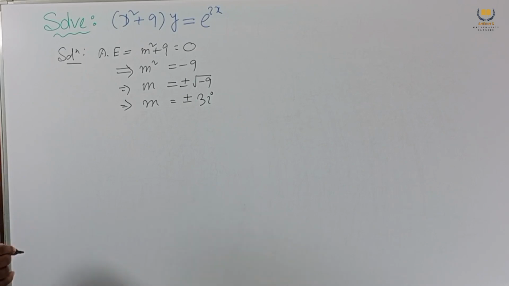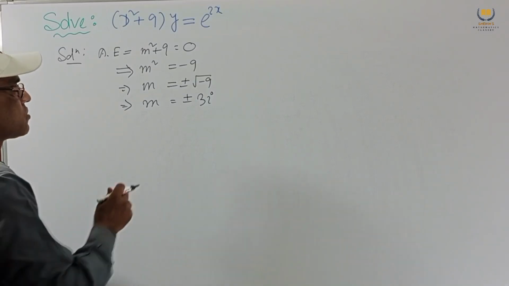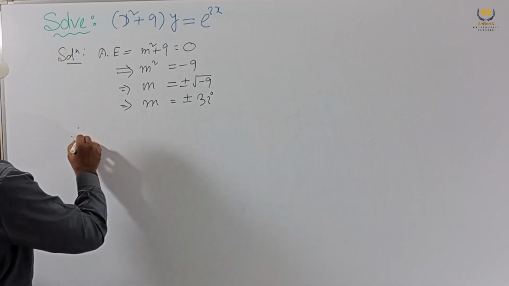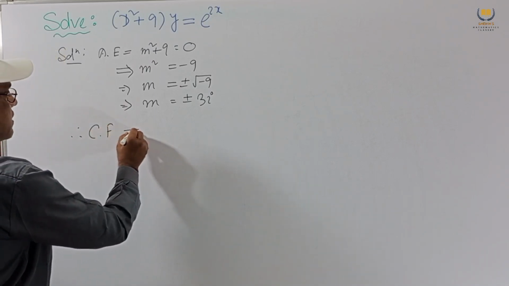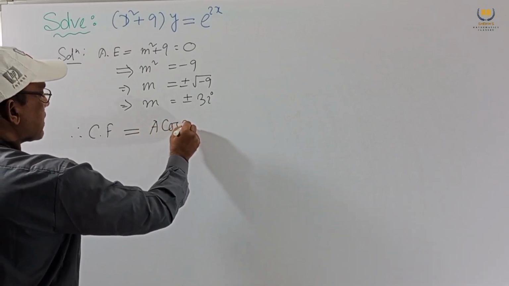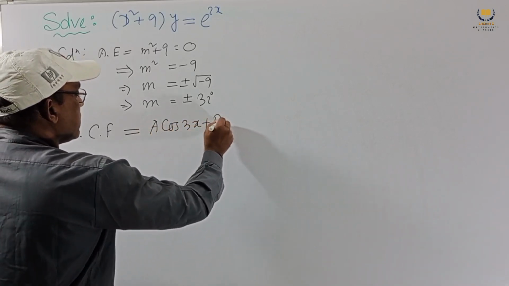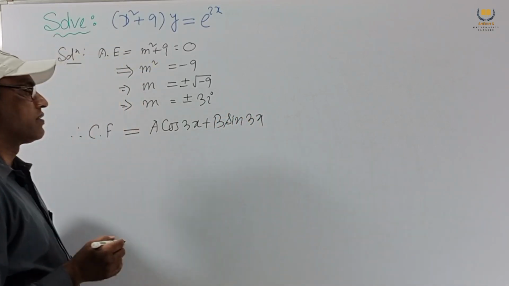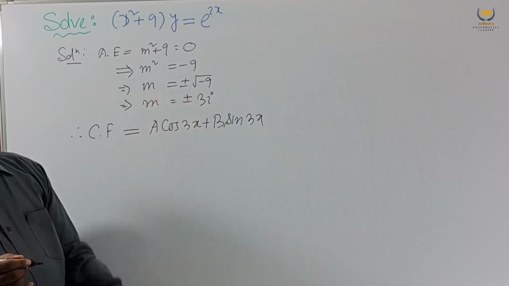Root over minus 1 means i and 9 means 3. So roots are complex. Therefore, complementary function equal to a cos 3x plus b sin 3x. This is the complementary function because roots are complex.